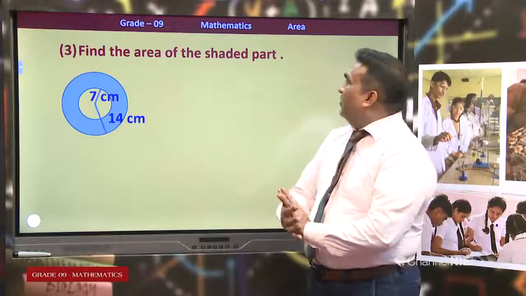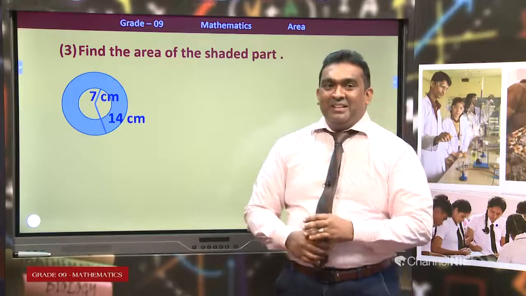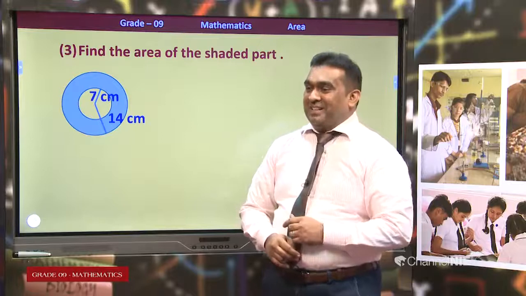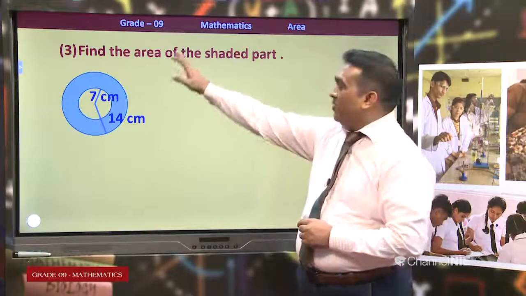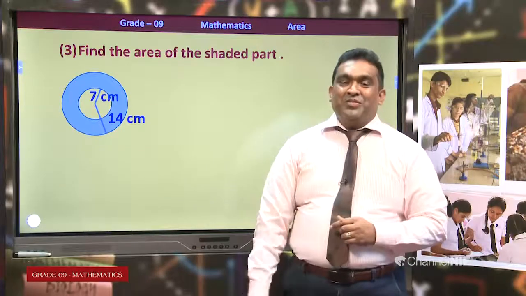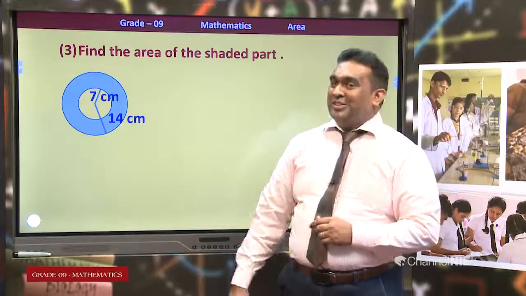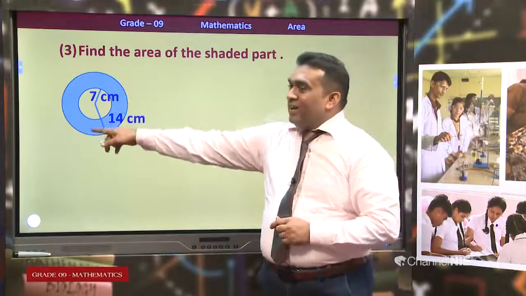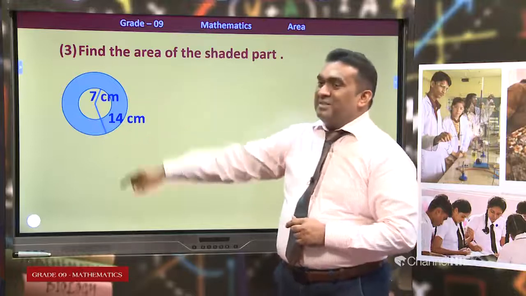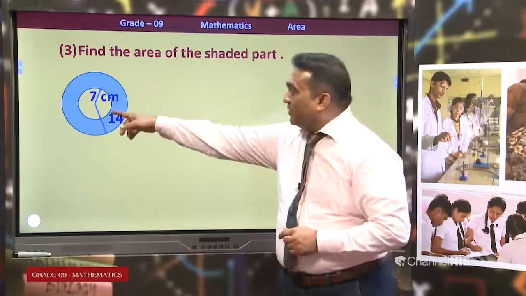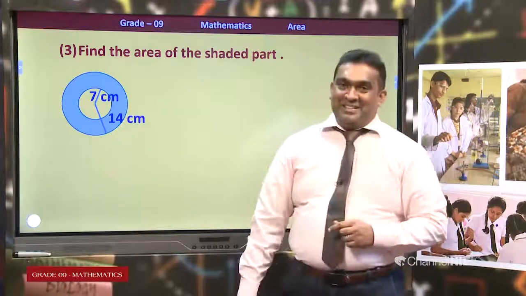Now, find the area of the shaded part. If you want to find the area of a shaded part, what to do? Area of the larger circle minus area of the smaller circle.